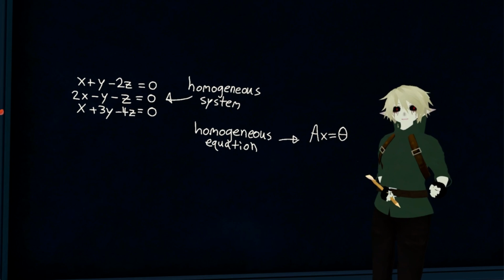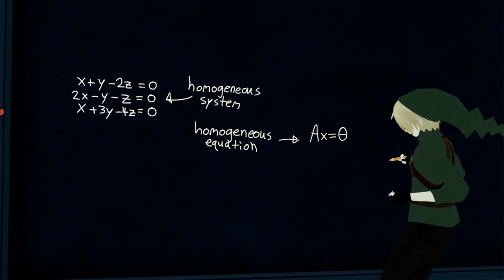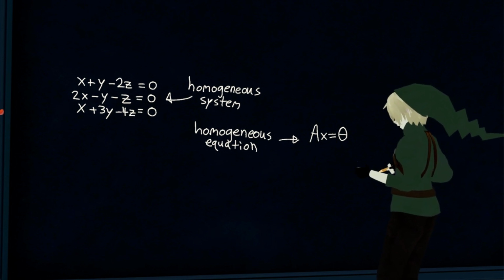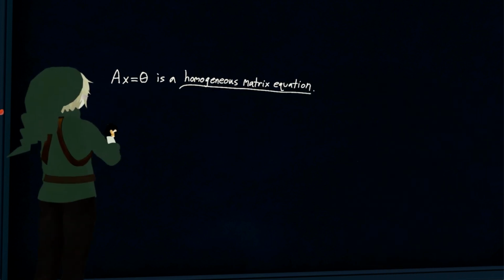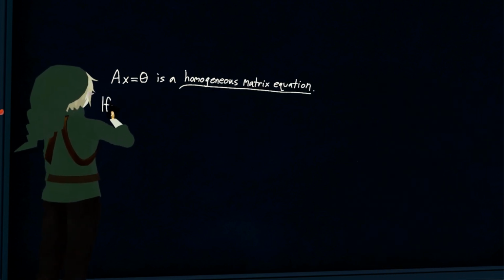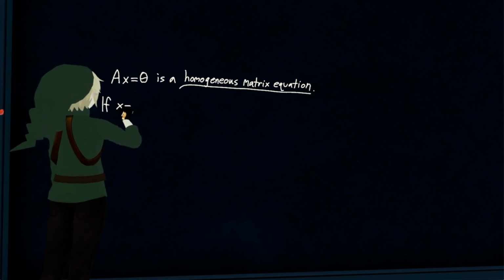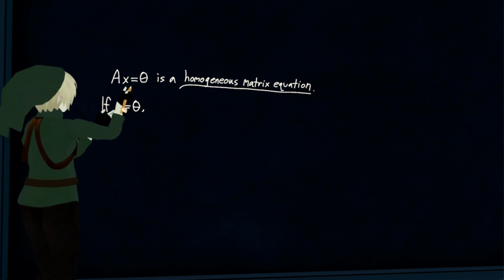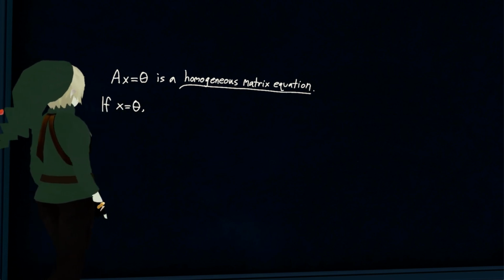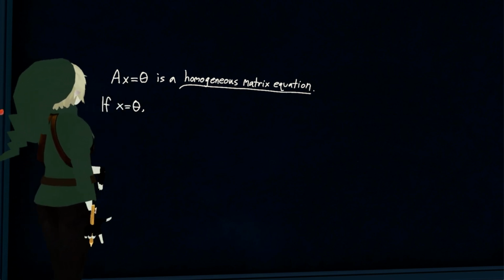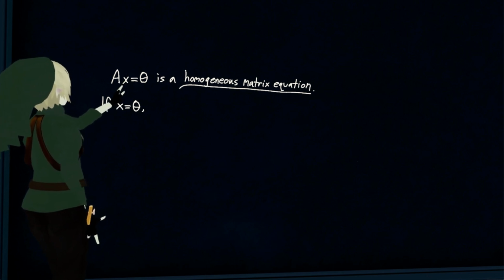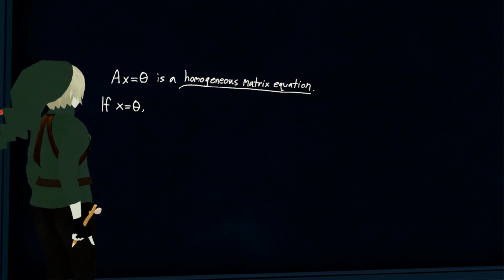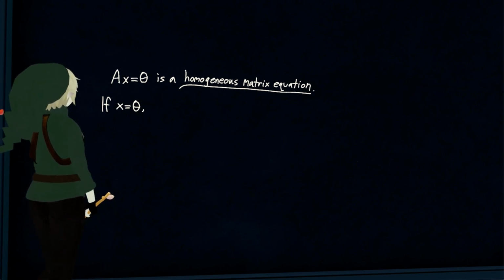That can happen, and we call that a non-trivial solution. So, more vocabulary words. I know. If x is equal to the 0 vector, which looks obvious, right? If x is theta or a 0 vector, then everything becomes a 0 vector, a 0 matrix.